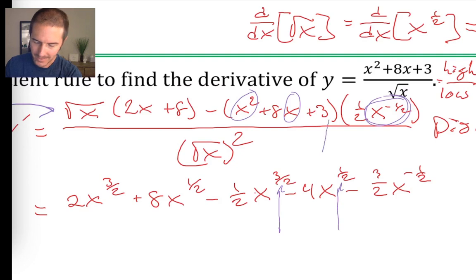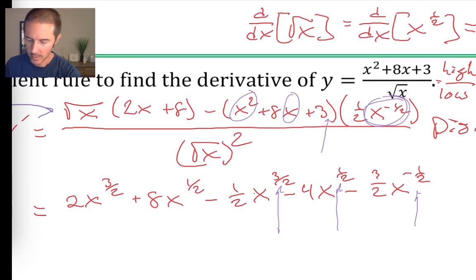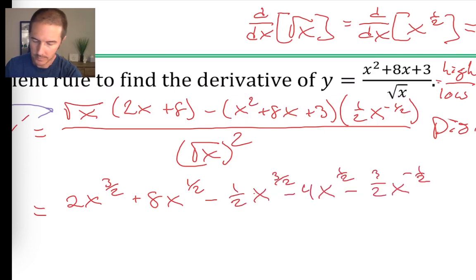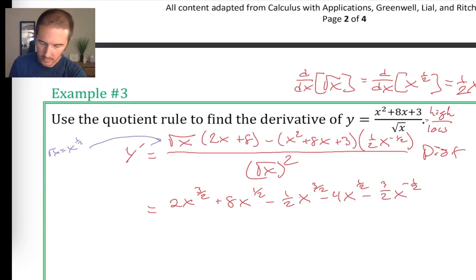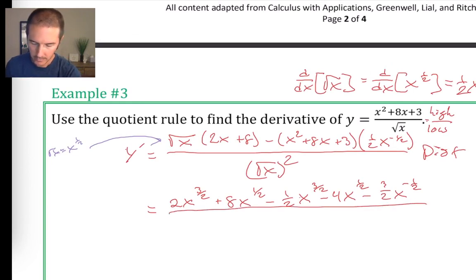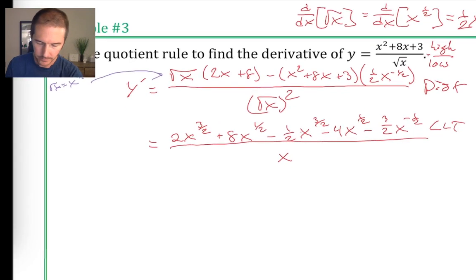This is x to the 0 in here after the 3 times x to the negative 1/2. 0 minus 1/2, negative 1/2. I love it. Just love it. All right, so we're in good shape, and we're going to take this entire thing and we're going to divide it by x. Let's try to combine like terms in the numerator.